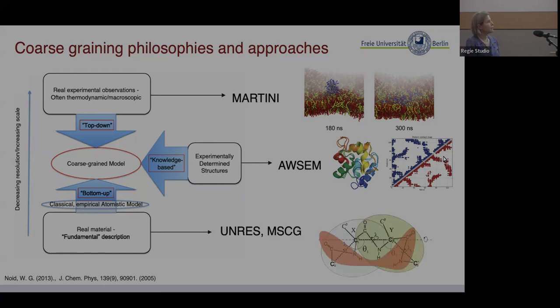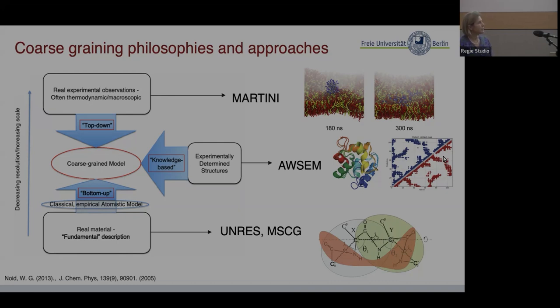Or you can say, I want to go bottom up. I want to really start from the fundamental, first principle description, and mathematically integrate out degrees of freedom, renormalize, as we do in physics. The formalism is well known. And this approach has been taken by different people.